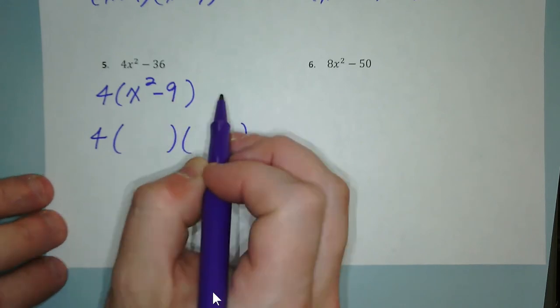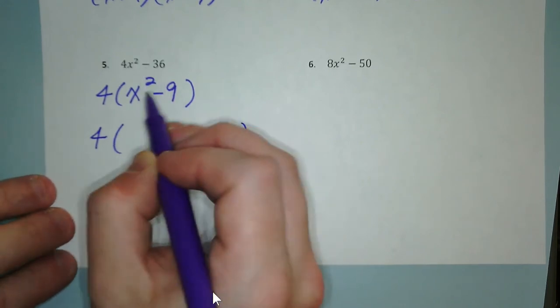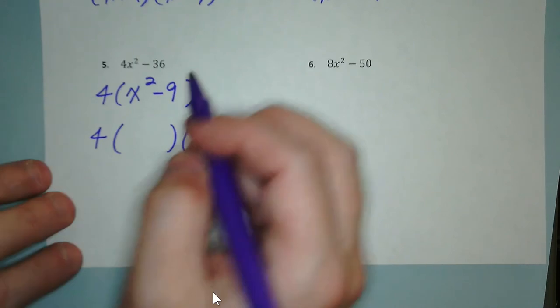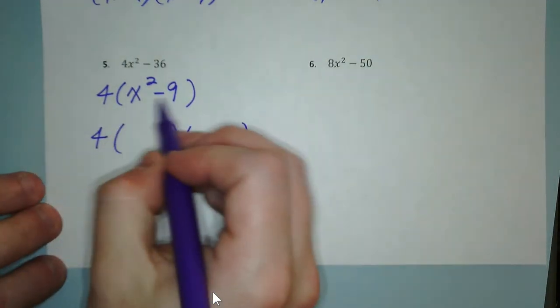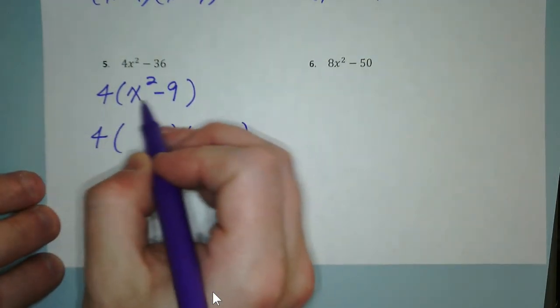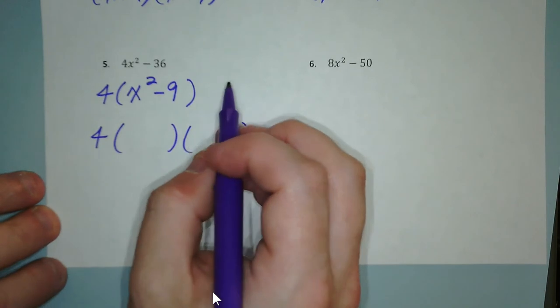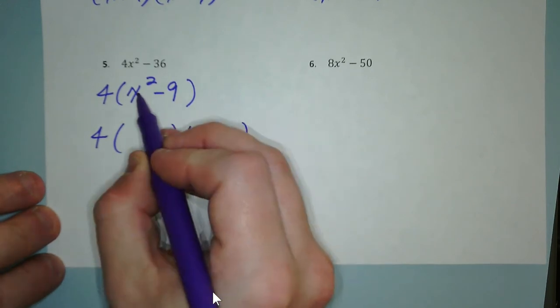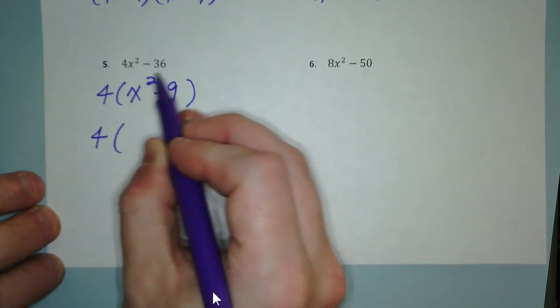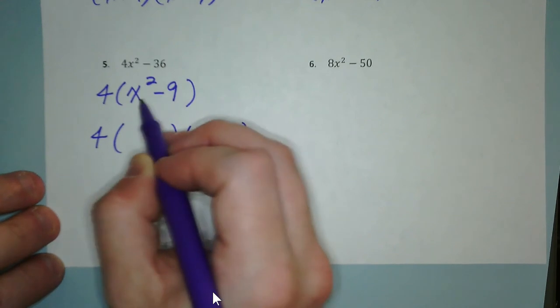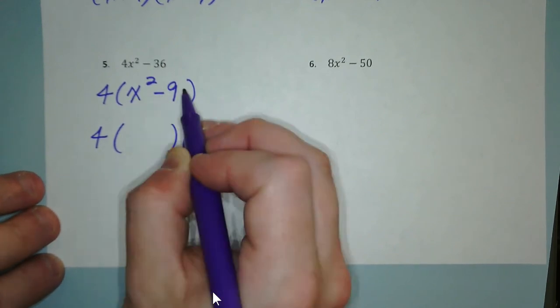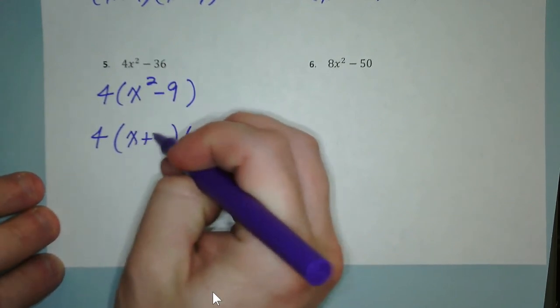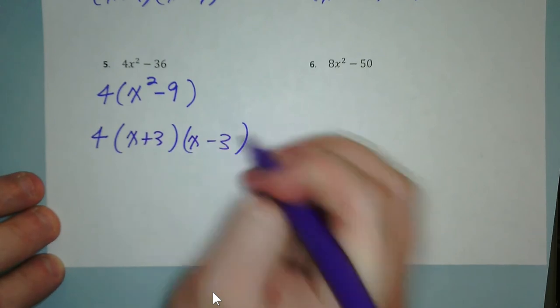We already did GCF, but when you look at x squared minus 9, it's only a binomial. There's only 2 terms. The only way that's ever going to unfoil is if it's the difference of 2 perfect squares. But it is, though. X squared and 9. So we're talking x plus 3, x minus 3.